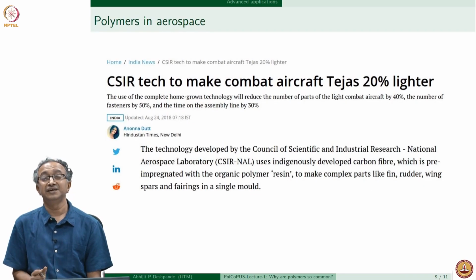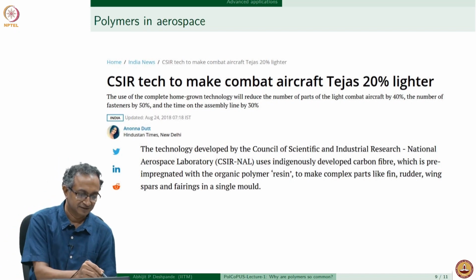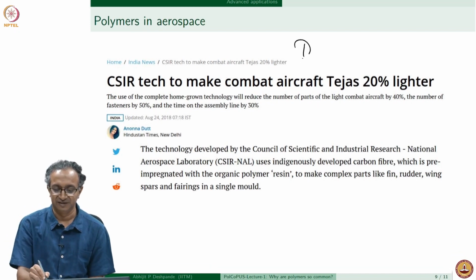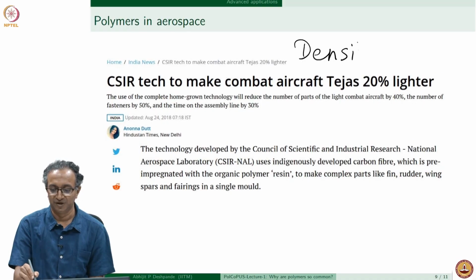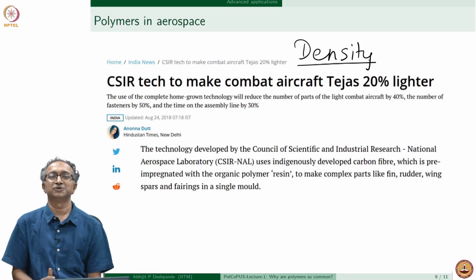And of course, one key area where polymers get used all the time is aerospace. Can you think of why this is the case? There is one big reason that you can note down. Density of the material. Whenever you are making materials fly, you want them to be as light as possible.